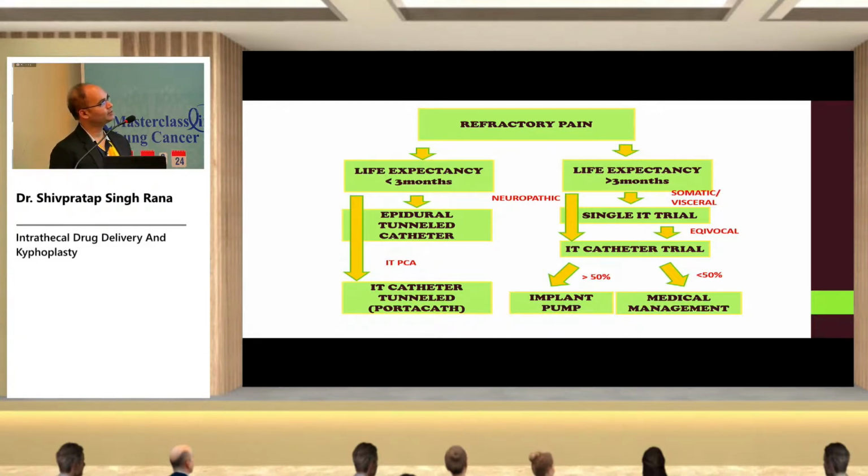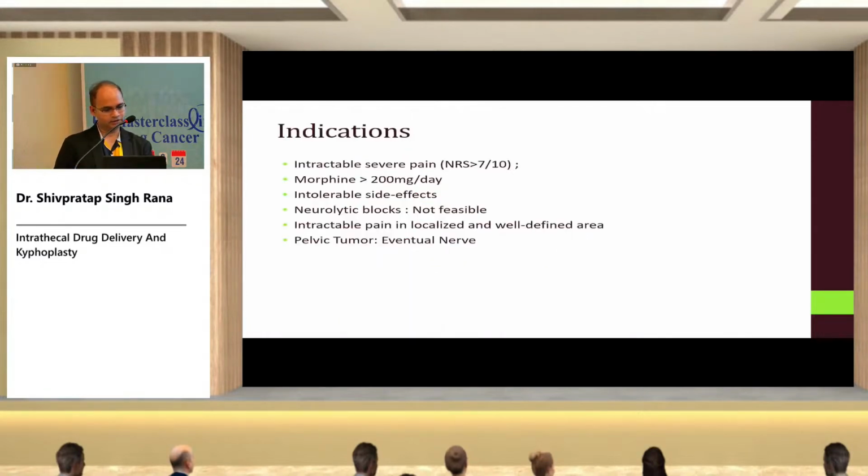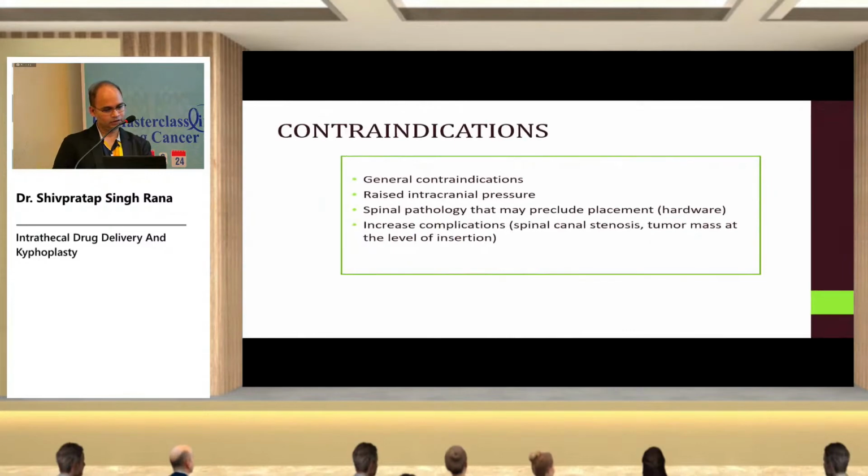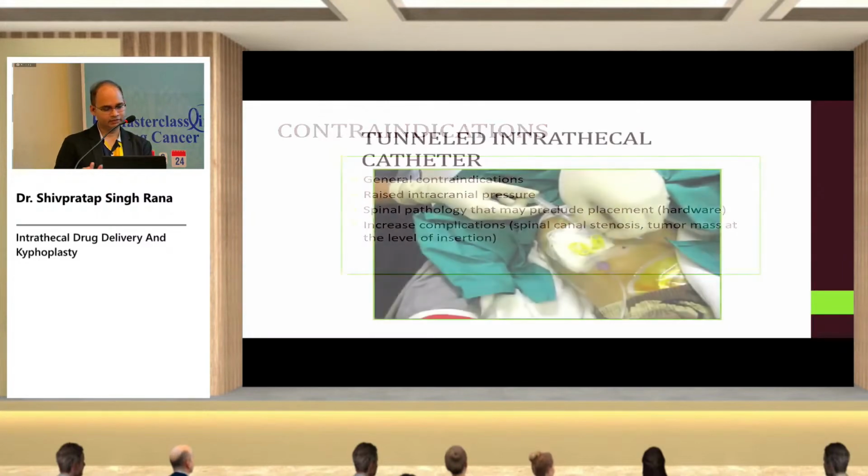If life expectancy is more than 3 months, with somatic or visceral component, a single intrathecal trial of morphine, or maybe an epidural trial, can be given. If it is successful, more than 50% pain relief, go for the implantable device. If it is less than 50%, better to try to manage with multimodal analgesics. Contraindications are almost the same for all procedures.